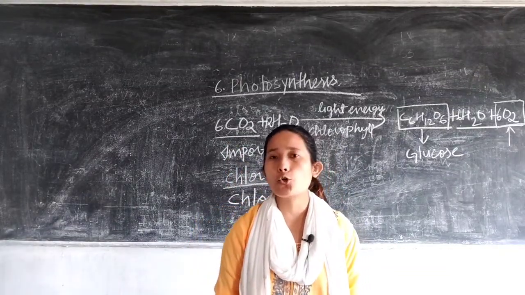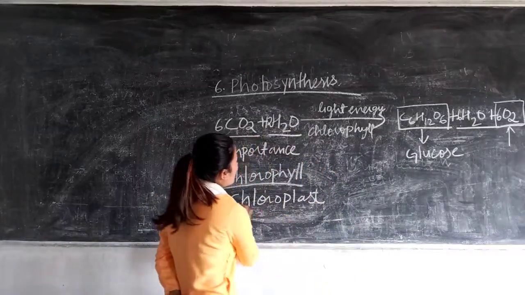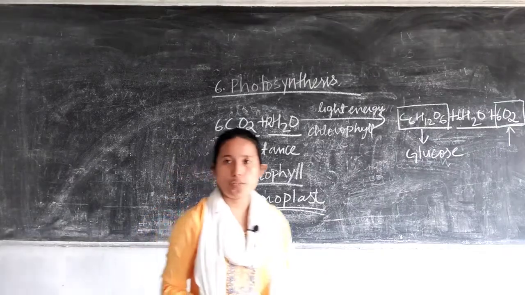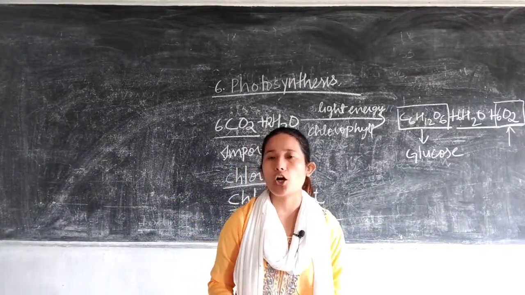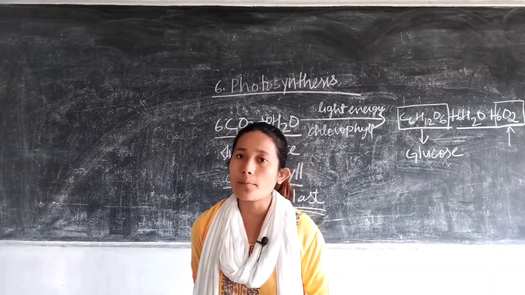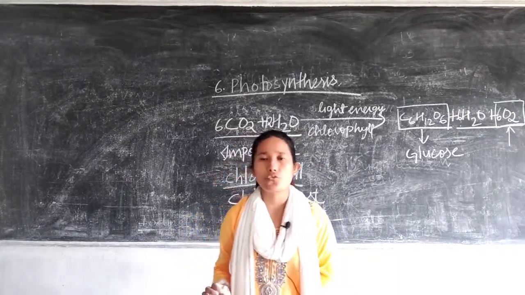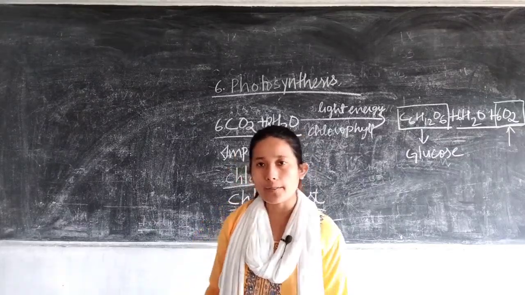So next let us go through the internal structure of a chloroplast in order to know the presence of chlorophyll. Within the chloroplast, where is this chlorophyll pigment present? So let us go through one diagram which will give you an idea about the basic structure of chloroplast and where the chlorophyll is present.